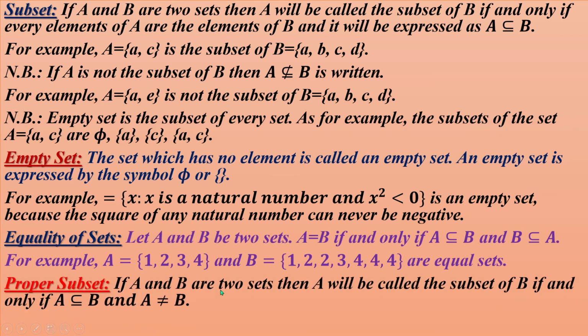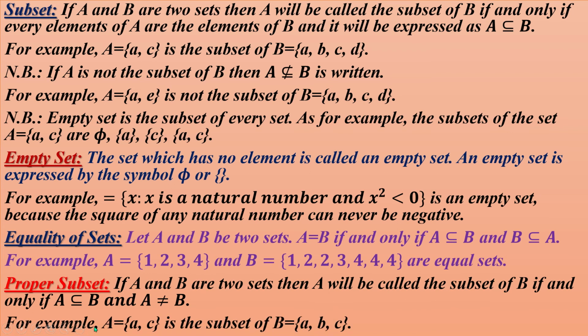Proper subset. If A and B are two sets, then A will be called a proper subset of B if and only if B contains A and A is not equal to B. For example, A equal to A, C is a proper subset of B, whose elements are A, B, C. Here B has three elements, but A has two.